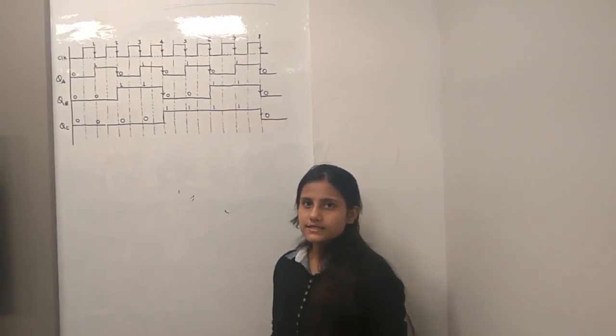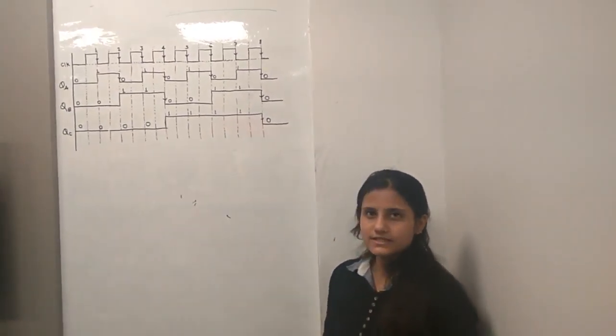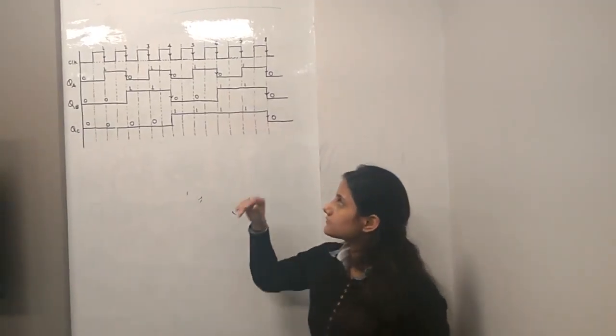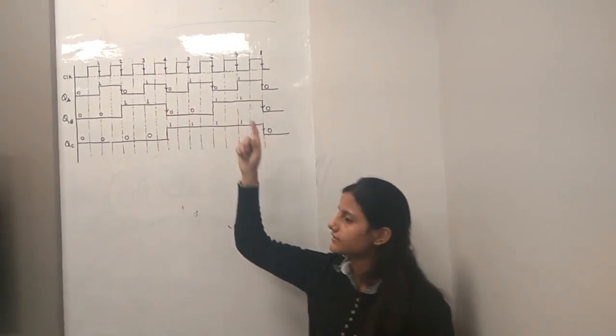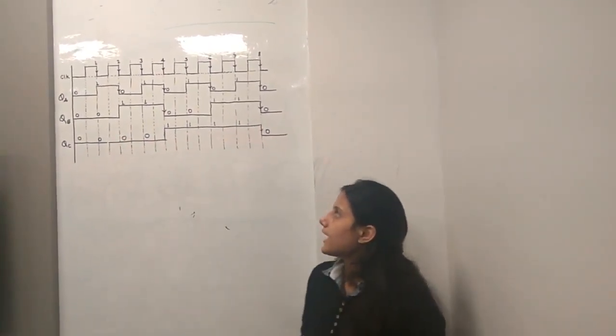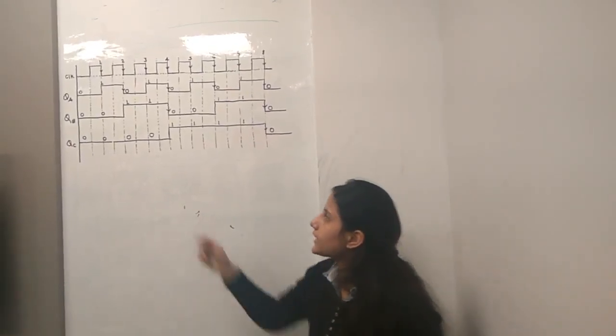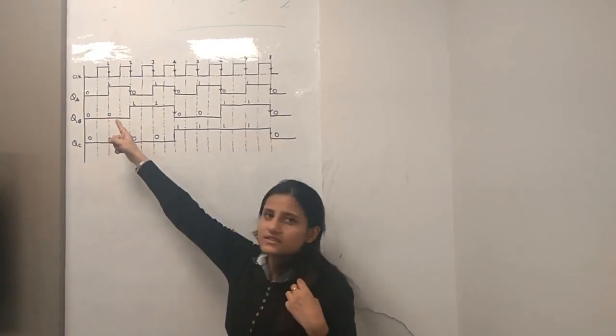So now we will consider this timing diagram. In this diagram, the external clock is given to the output QA, and initially here we have 0.